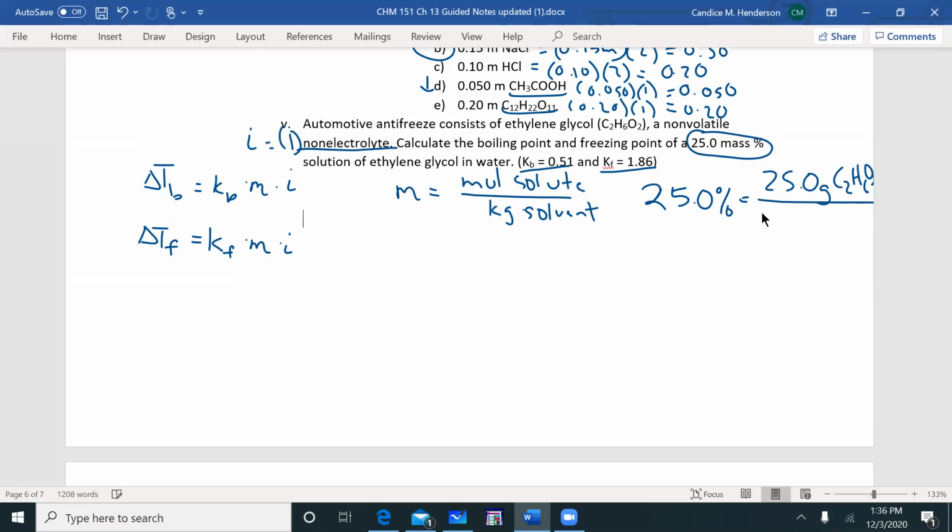And if it's 25%, it's over 100 grams of the total solution. Now, I don't want my denominator here to be kilograms of solution. I need kilograms of solvent. That's not talking about the whole solution, just the solvent rather. So I need to break this up.